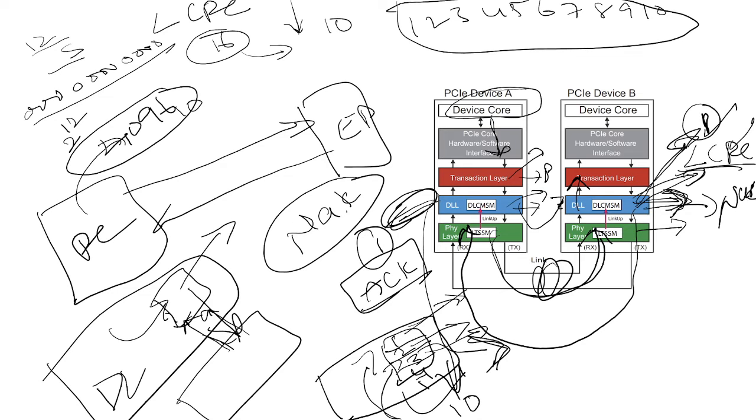Whatever packet gets a correct acknowledgement is removed from the data link layer retry buffer. If you get a NAC, it will send the packet to the receiver side again. In this way the packet information reaches the receiver side, whether it is received correctly or not.